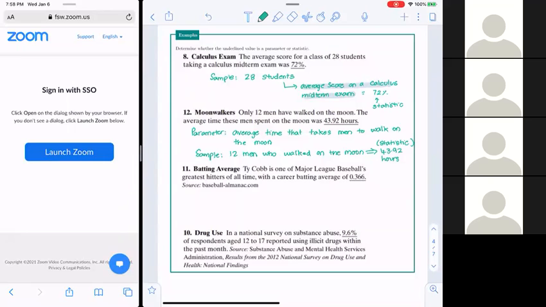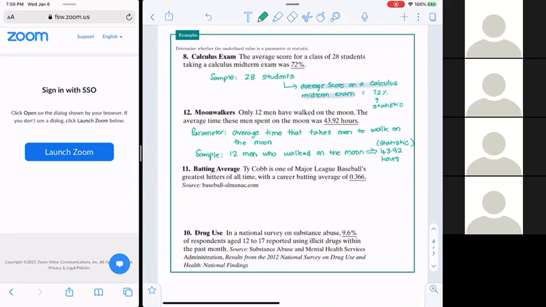So in the batting average problem, we do not have a sample. A sample is a collection of observations, but we are only talking about Ty Cobb. And the value that Ty Cobb has is 0.366. We know the exact value.